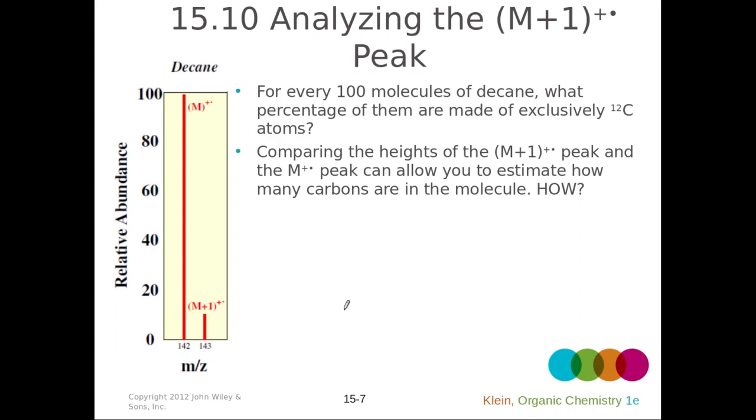So for every 100 molecules of something like, say, decane, we have an M plus 1 peak that's going to result in a relative abundance that's 11% as high as the molecular ion peak, because it's 1.1% as high for each carbon atom, and for decane we have 10 carbon atoms, so it's going to be 11% as high as the molecular ion peak.